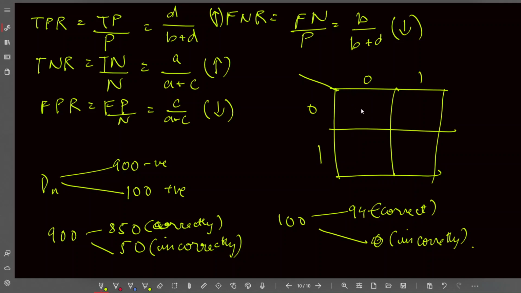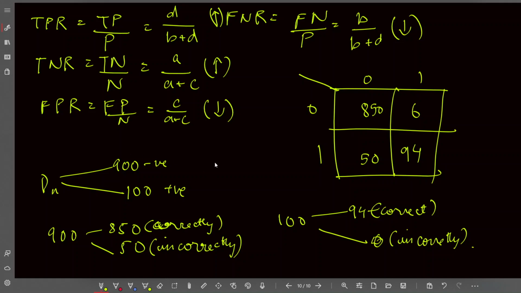And this is true negatives, so this is 850. This is true positives, this is 94. This is false positive, which is 50, because it was incorrectly classified as the positive class. And this is 6.